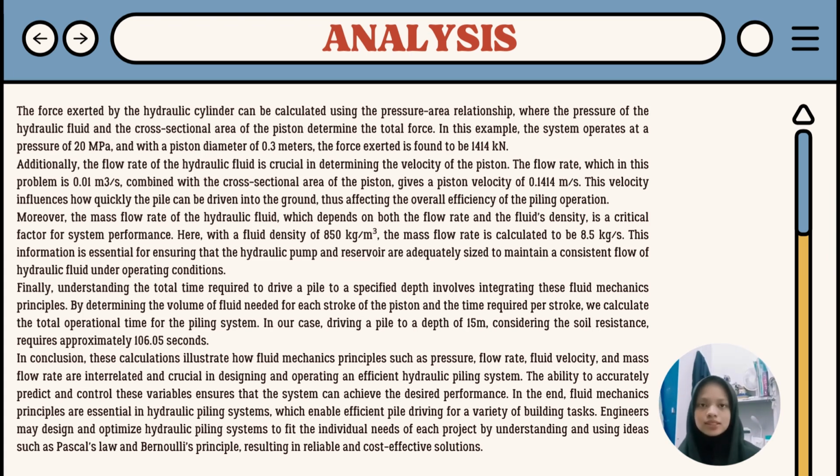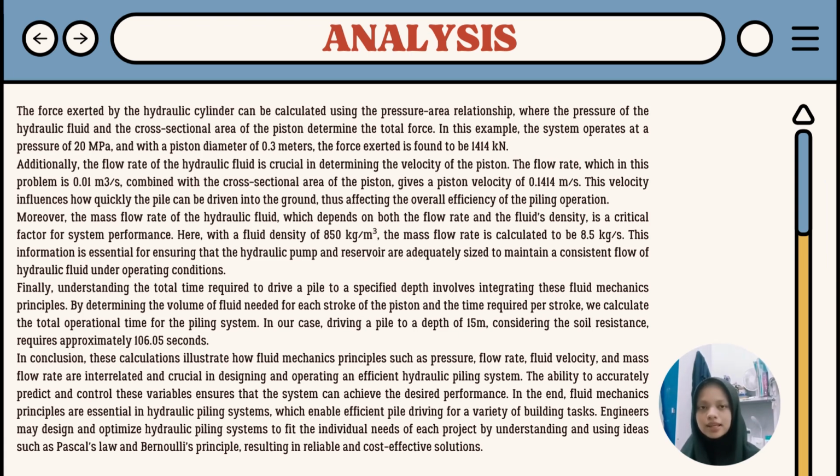This information is essential for ensuring the hydraulic pump and the reservoir are adequately sized to maintain a consistent flow of hydraulic fluid under varying operating conditions.